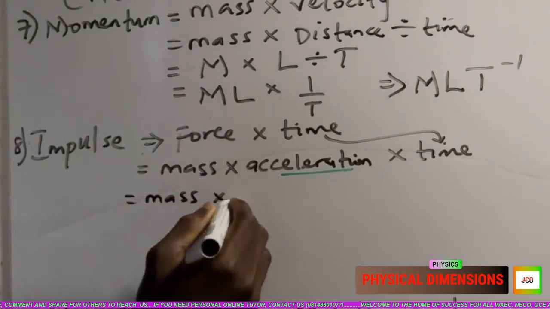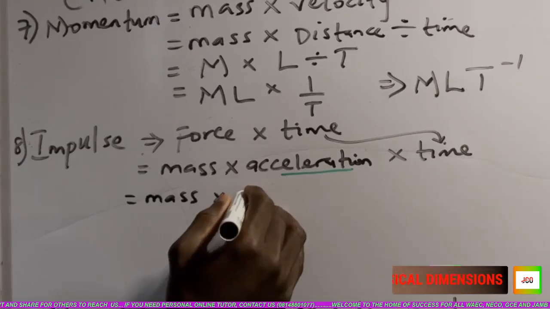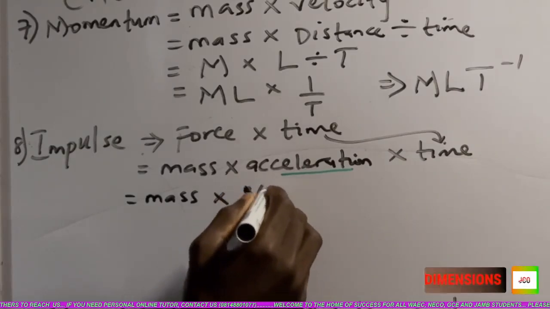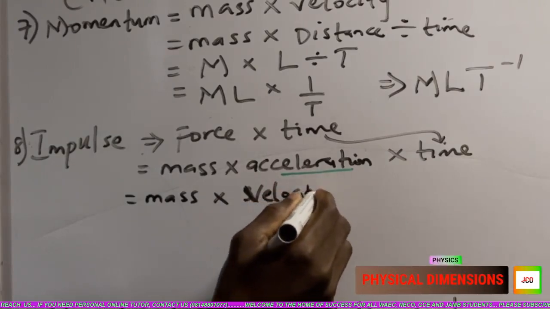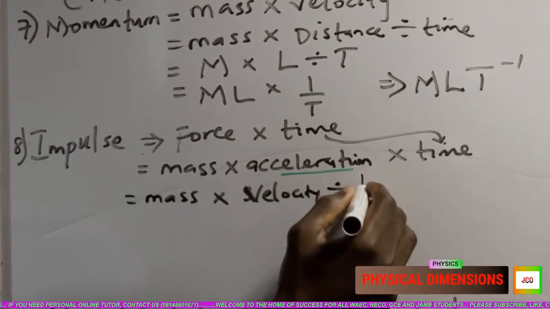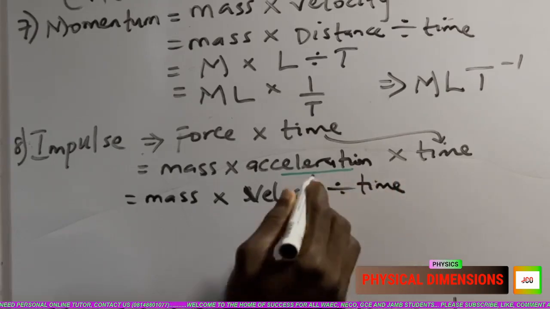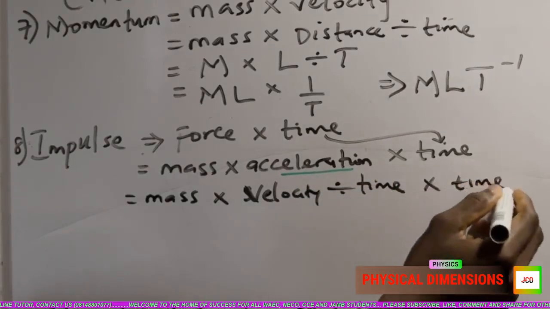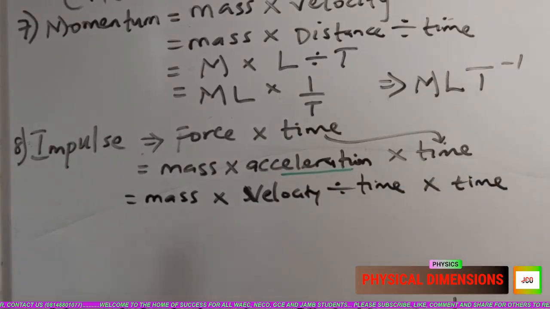Mass times, what is my formula for acceleration? Speed over time. Okay, I can still write velocity at this point. Velocity over time is my formula for acceleration. Then times this time we have here.